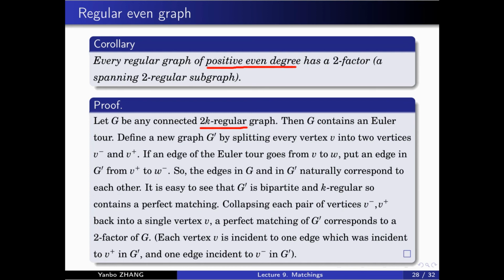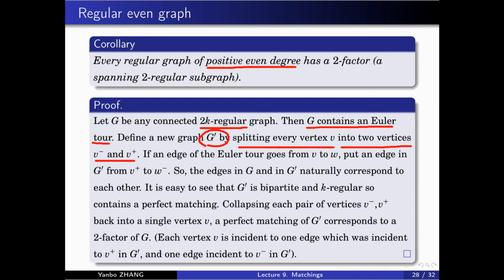We have learned that if G is a connected even graph, then G contains an Eulerian tour. So we can define a new graph G prime based on this Eulerian tour by splitting every vertex v into 2 vertices, v minus and v plus.